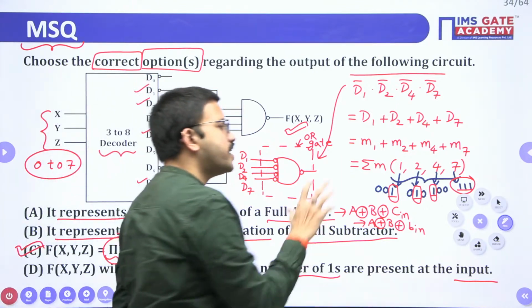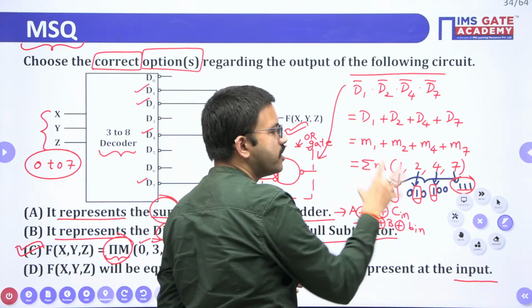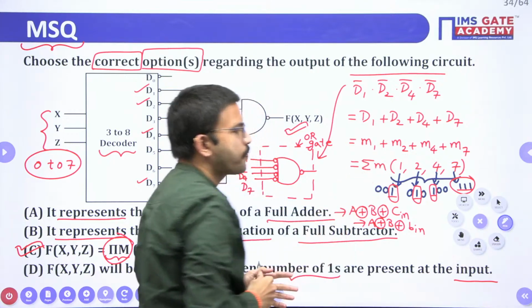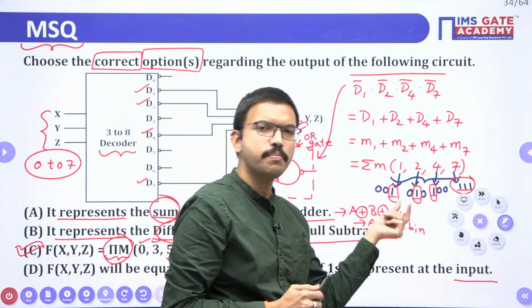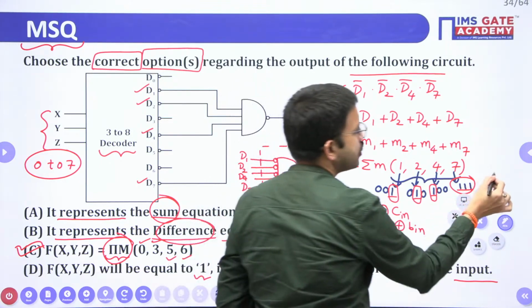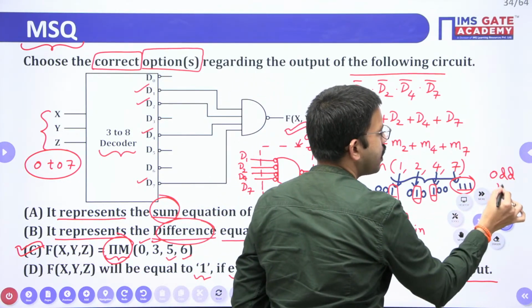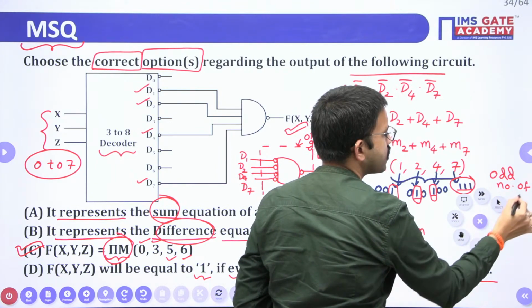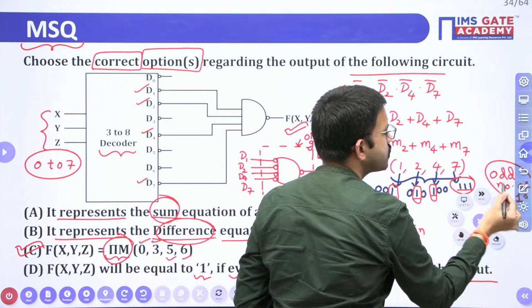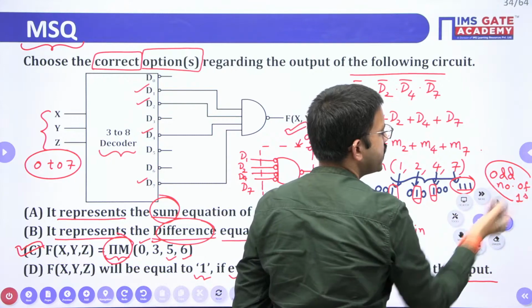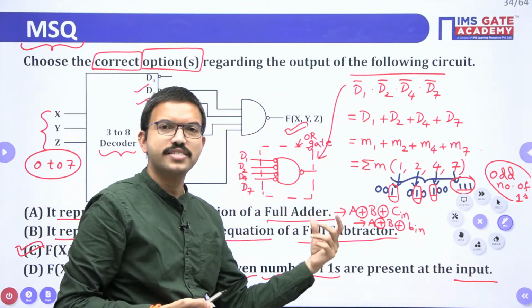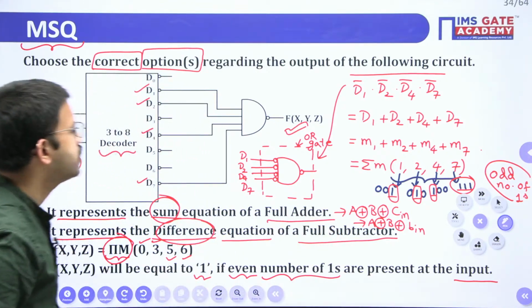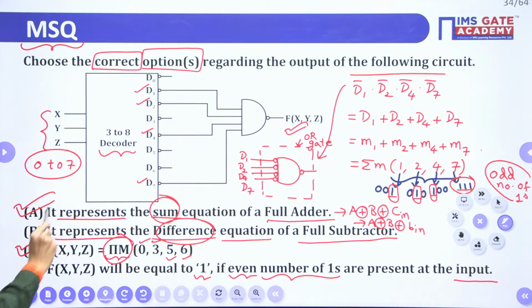So since you are getting output as 1 for all the combinations of zeros and ones in which there is an odd number of ones at the input, the corresponding logic gate is nothing but XOR, right? So that means here option A, option B both are correct.